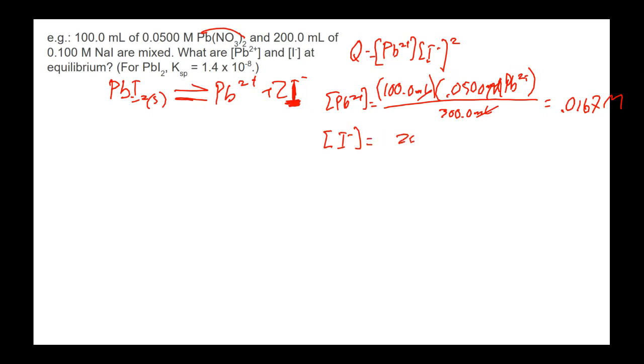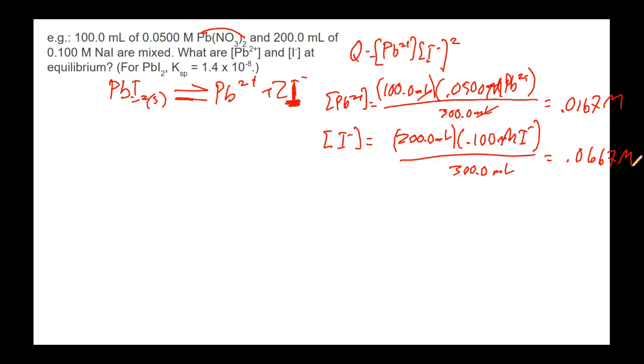We had 200 milliliters of that solution. Its concentration was 0.100 molar I-, and it was in that 300 milliliter mixture. When we calculate this out, we get 0.0667 moles per liter.